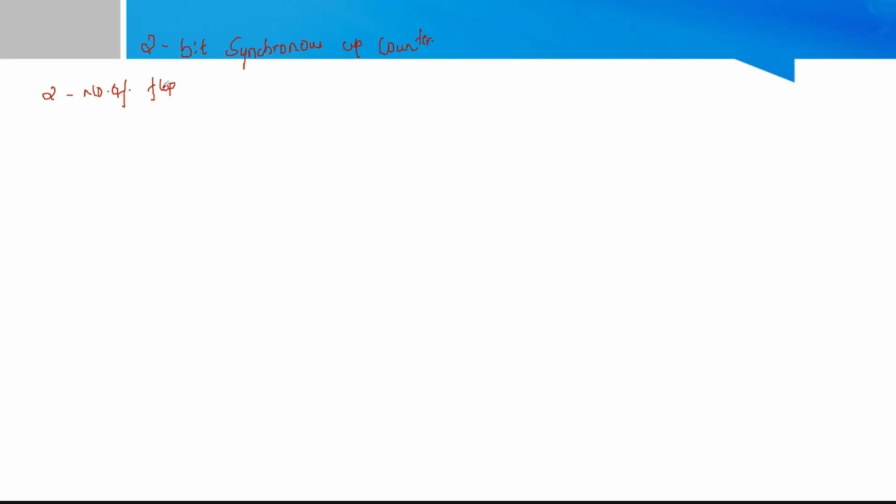So first step is to decide how many flops are required. Next, to get the excitation table. So what is the meaning of excitation table?